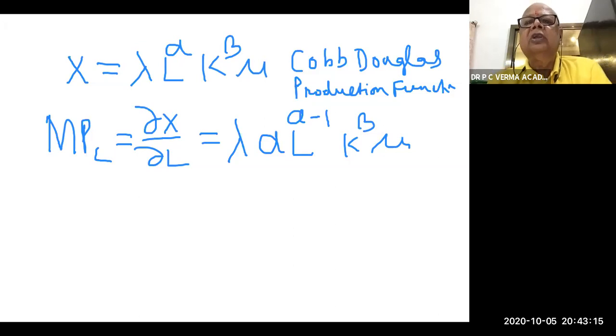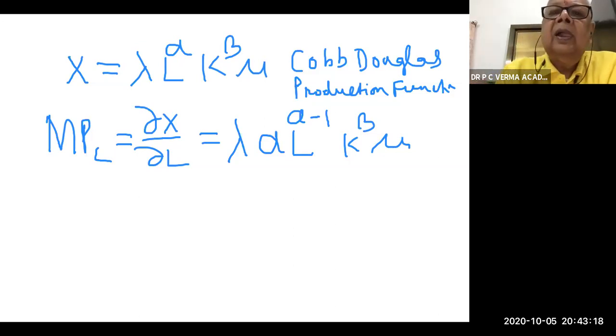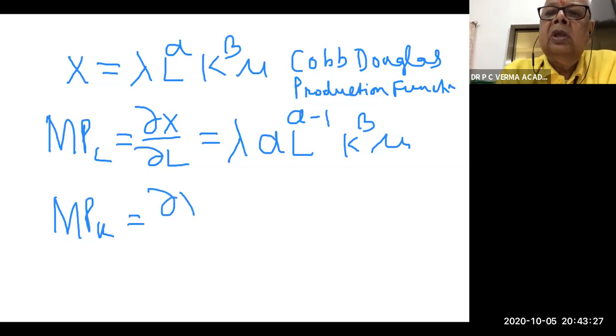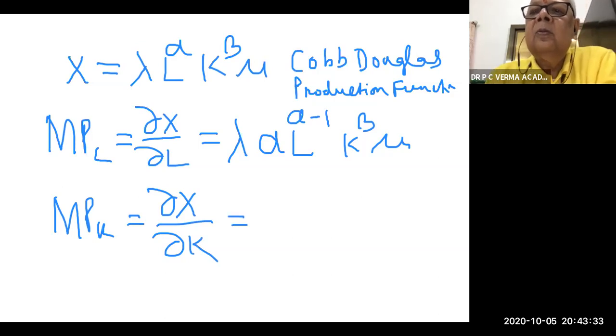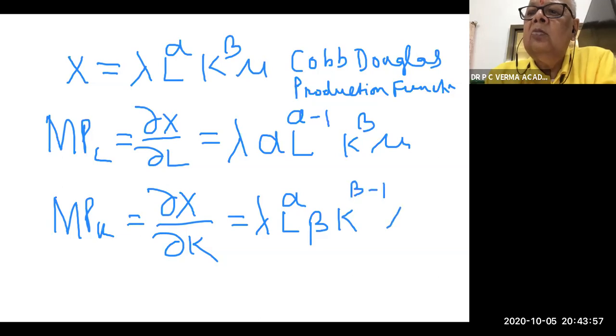This is marginal productivity of labor. And marginal productivity of capital is del X by del K, which is lambda L alpha beta K beta minus 1 mu.